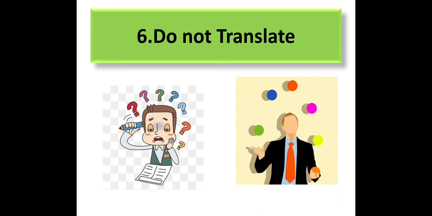For example, when you speak those sentences which you have practiced well, like shut the door, I'm sorry, thanks a lot, all the best, you do not translate these sentences and speak them quite naturally, right?